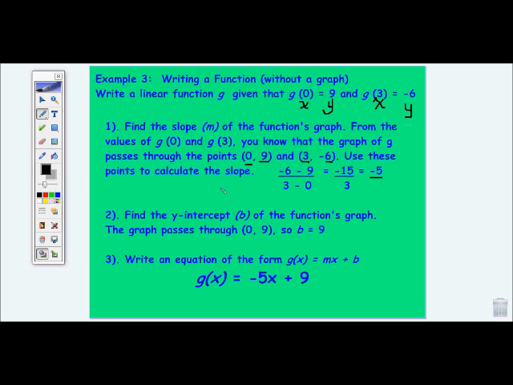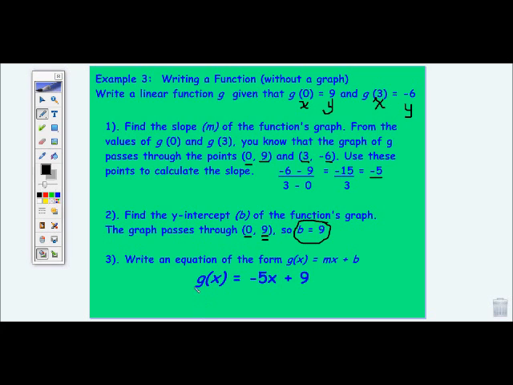Now again, this is the same as working with slope-intercept, so we need to find the y-intercept. The y-intercept is given to us when we have an x that is equal to 0. So if the graph passes through 0, 9, I don't move at all on my x-axis, and I rise 9, so my y-intercept, or b, is going to equal 9. So I put in my slope and my intercept information.